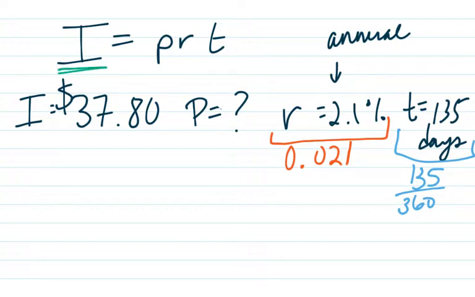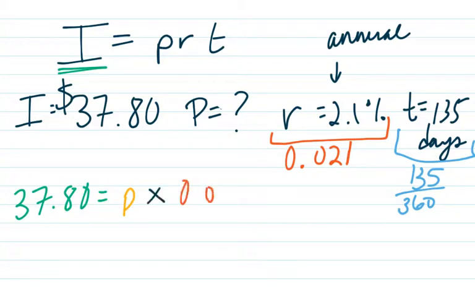So the interest, $37.80, equals the P, which we don't know. We'll put it in orange this time, times the rate, which we have as 0.021, times the time, which is 135 divided by 360.